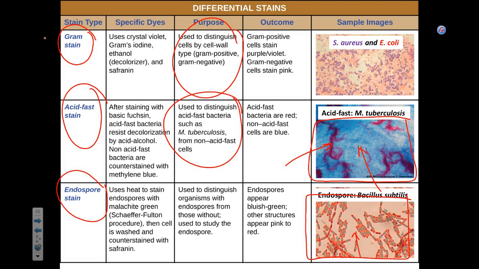Does that make sense? Not only this, there are two most clinically common genera of microorganisms that make endospores: Bacilli and Clostridia. So if you stain your sample and you see endospores there, you can say it's either Bacillus or Clostridium.